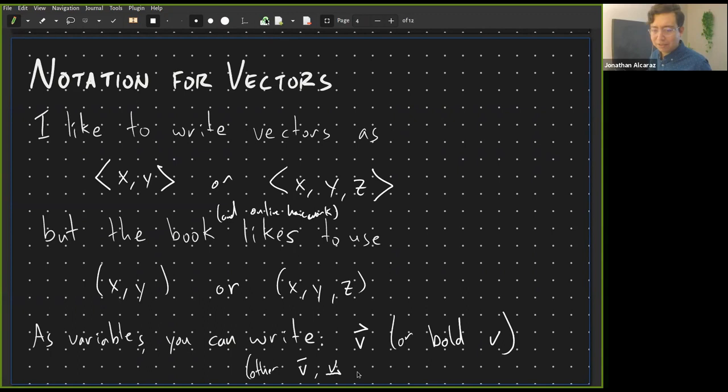If you can't see the bottom, please let me know. What else have I seen? I think physicists like another notation, but the other notations I know of are for specific types of vectors, not just any old vector. I think this is the second most common after this. Good question. Yeah, and that'll also come up.